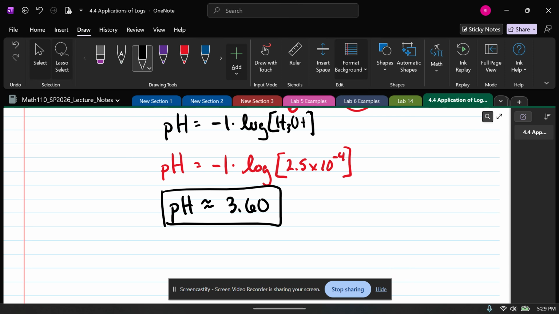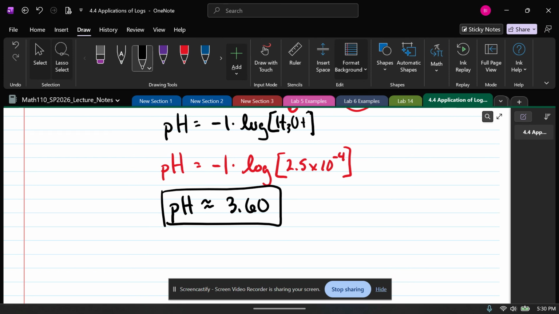The pH scale: the more basic you are, the higher the number, up to 14. The more acidic you are, the closer to 1. A 1 pH is like gastric acid, like the acid in your stomach. A 0 pH is like battery acid. That's how strong that is.